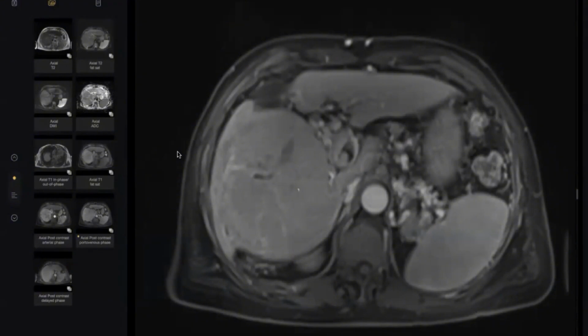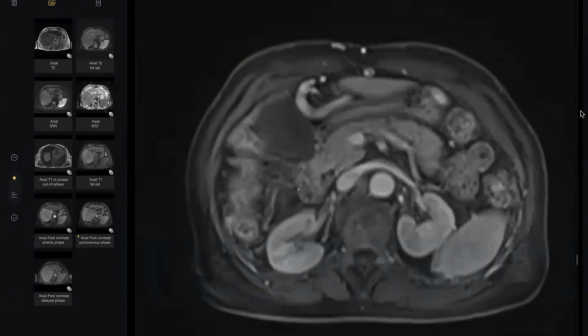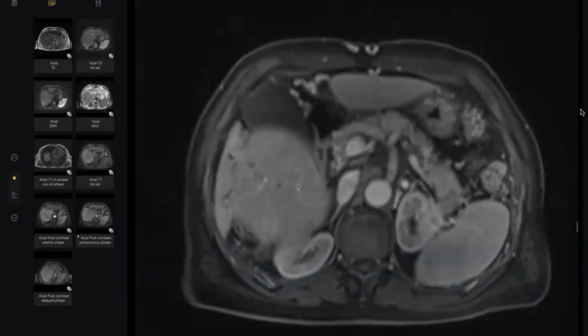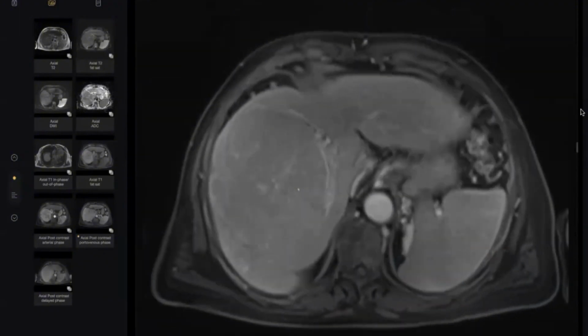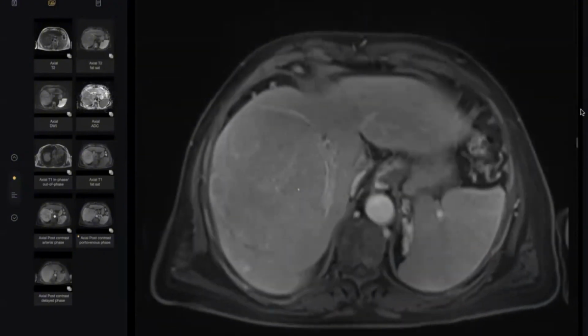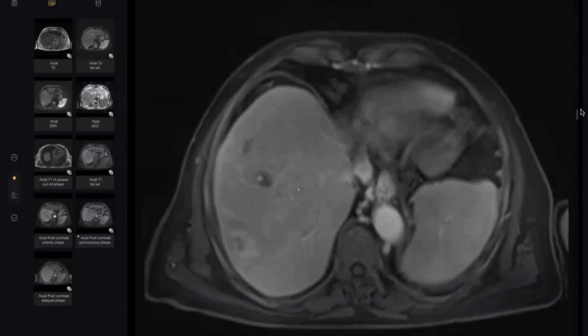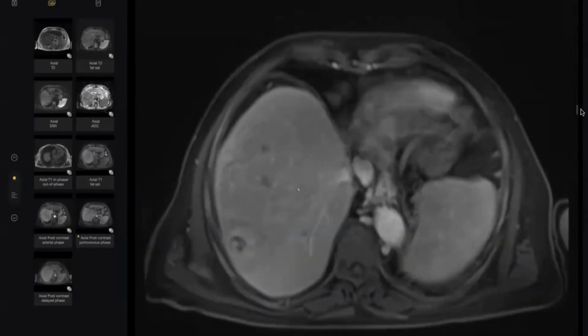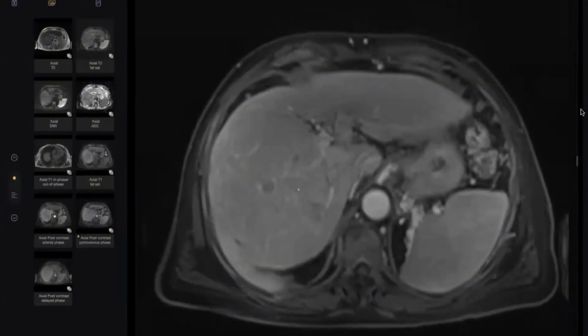Okay, so I'm just trying to scroll. So there is no washout in the portovenous phase. Are you sure? What is the definition of washout?